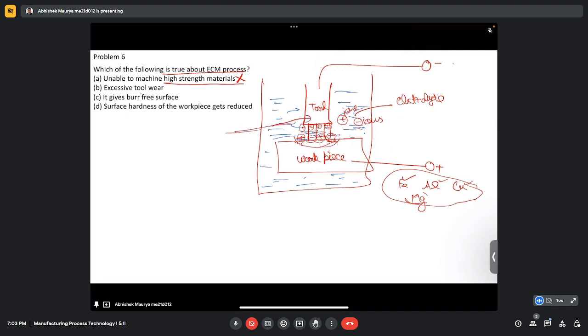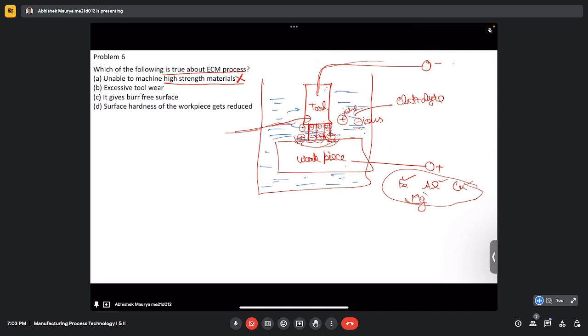It should have the same shape which we want to machine on the workpiece, so the tool shape determines in what shape machining takes place. Also, the tool should be conductive, so that when we connect it to the battery, the negative charge appears over the tool, and only then will the electric field establish.